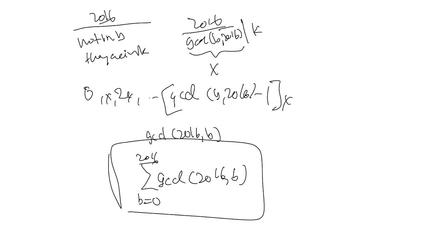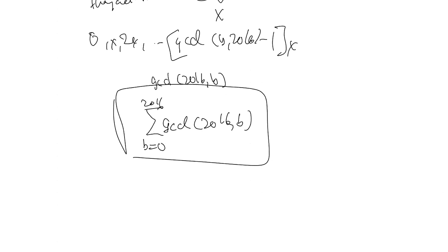Okay, assuming there are no other questions, I'm going to carry on here. We see 2016 twice, so we're going to take that out and call it x, and make it a function. G of x is defined as the sum from i equals 0 of GCD(i, x). Now we're going to change this notation slightly.